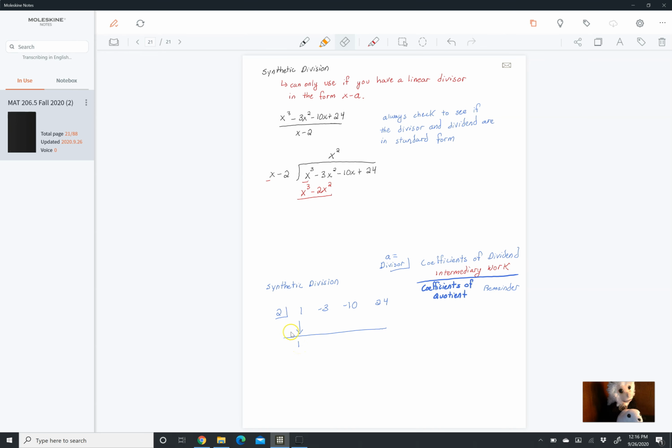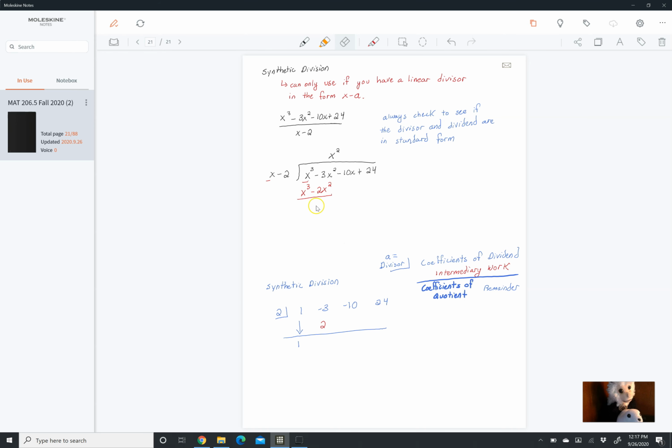We take our quotient and we multiply by the divisor. So first we figured out how many times it goes in, and we said x squared times, where the coefficient was 1, so we're carrying down the 1 here, and then we multiply. Here's the coefficient of the quotient. Here's what represents the divisor. We multiply. So we get a 2.